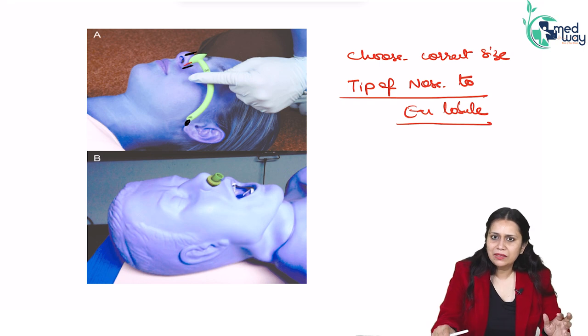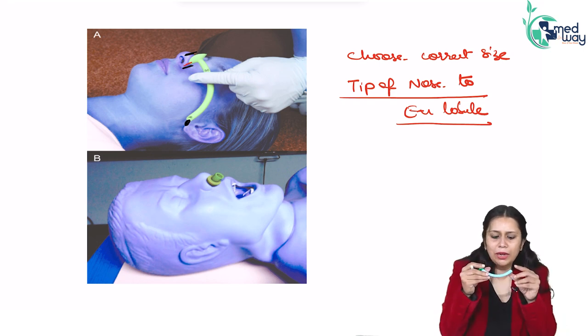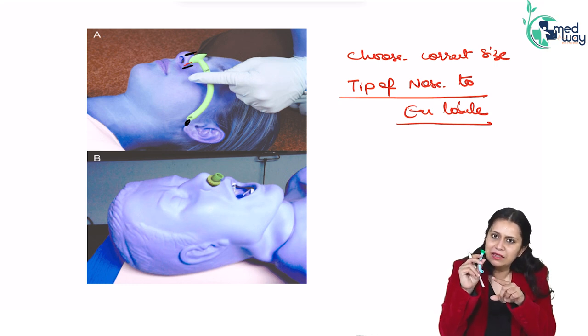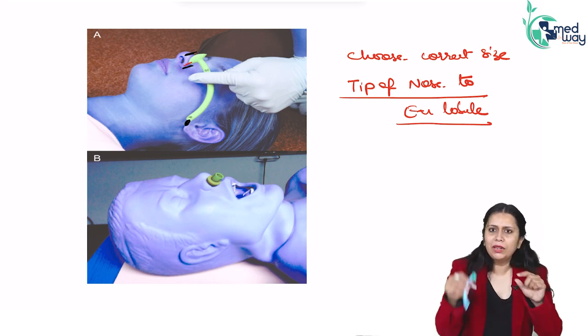Once I choose the correct size, what do I do? I lubricate the tip and insert it through the more patent nasal cavity with a screwing movement, and this beveled end should face the nasal septum. What does it do?